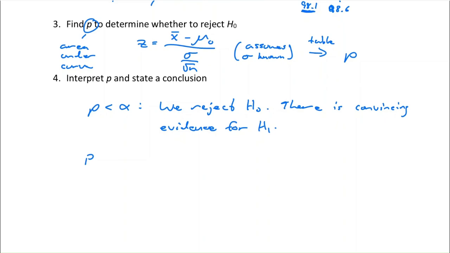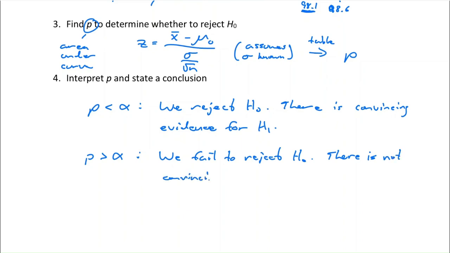On the flip side, if P is greater than alpha, then we're saying, yeah, those results could have happened by chance, and so we don't really have good evidence to reject the null. So in this case, we would fail to reject the null, and we would say that there is not convincing evidence for the alternative.